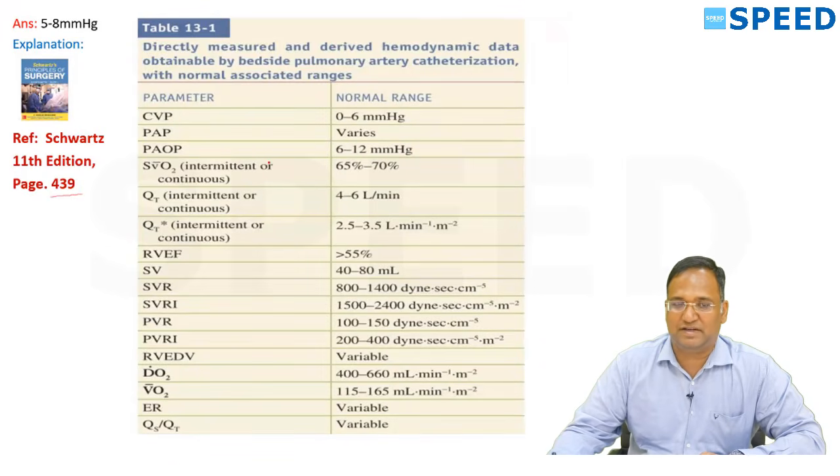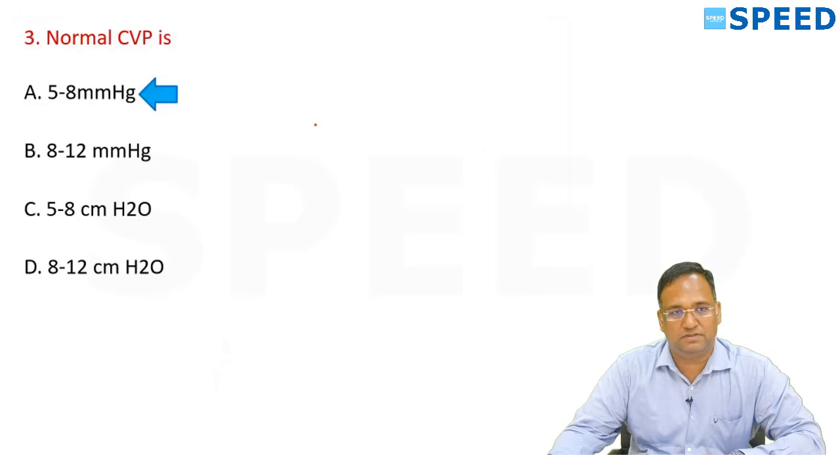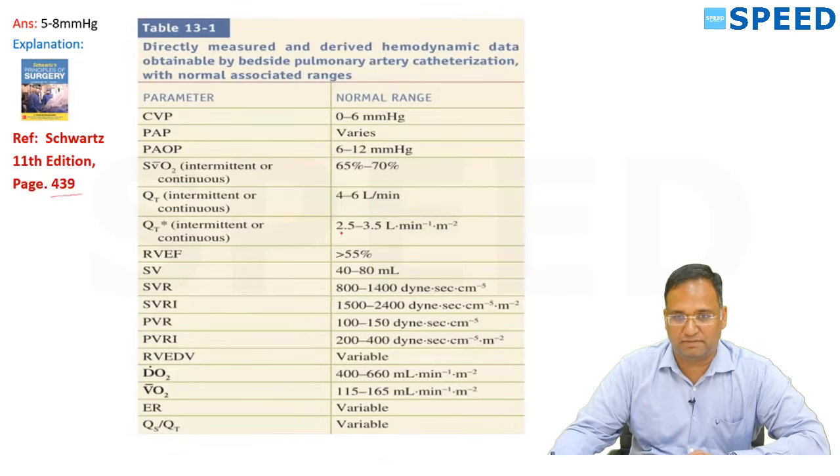So, in this part what we are discussing, there are a couple of questions which are asked from Schwartz textbook of surgery, on directly measured and derived hemodynamic data obtained at bedside by pulmonary artery catheterization. So, CVP normal range will be 0 to 6 mm of mercury. Okay. So, among the options given here, option A is the most appropriate answer. Okay. So, you can see, all the factual parameters are given in this tabular column in Schwartz.